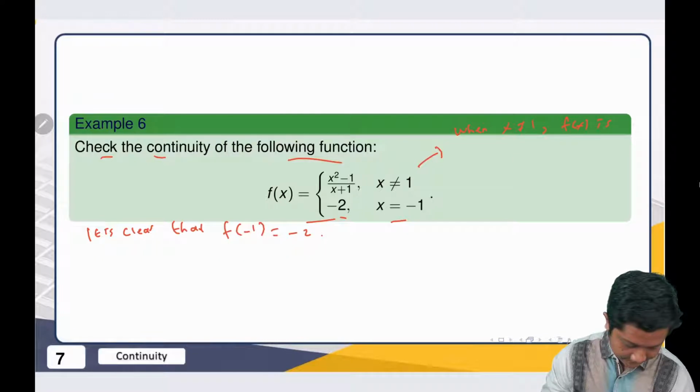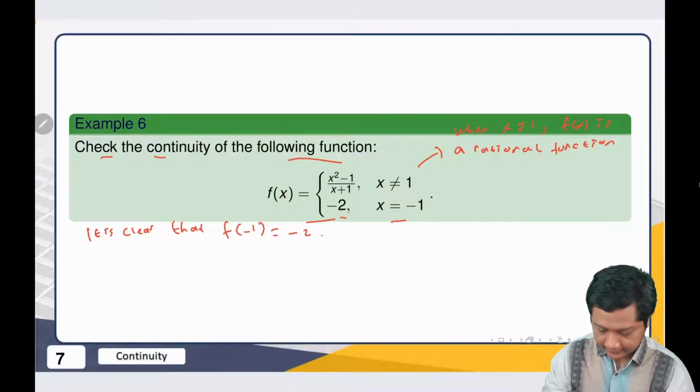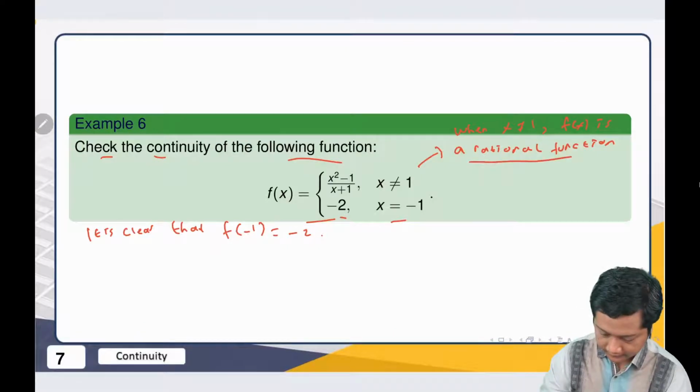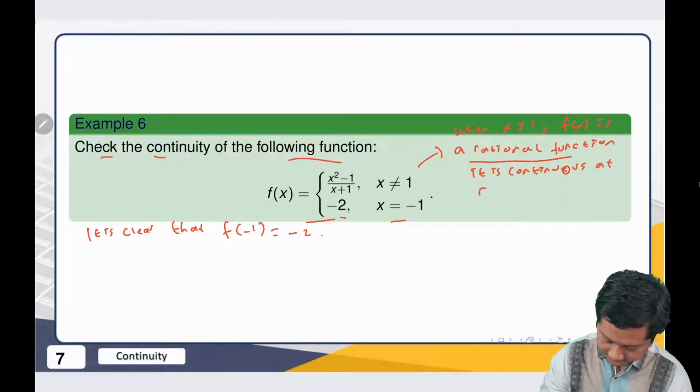f(x) is a rational function, so that means it will be continuous at c in R minus {-1}.